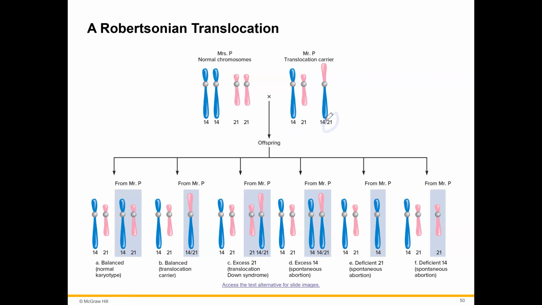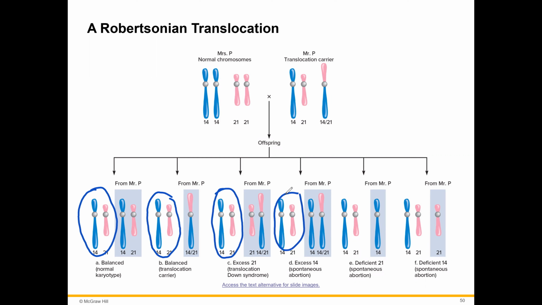But when mom makes an egg, this chromosome splits and this chromosome splits. So this is the mom's egg right there. That's a normal egg. Mom is always going to make normal eggs. That's mom's egg, or ovum.